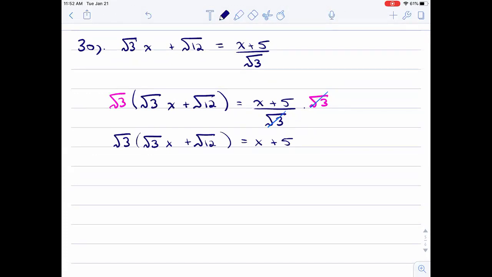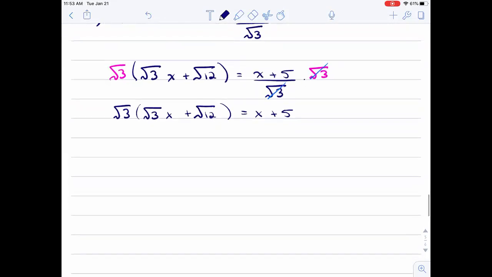We've got a couple of things that we could do. We could ignore the root 3 times root 3x plus root 12 and just start moving the x plus 5 over. We have to do them individually. So to move the plus 5, I have to subtract 5 from both sides. Let's do that, kind of chip them off.